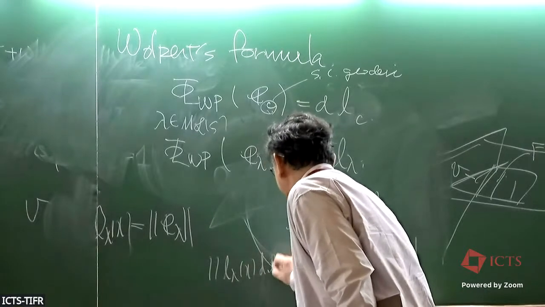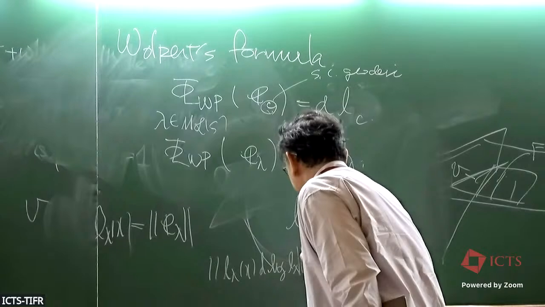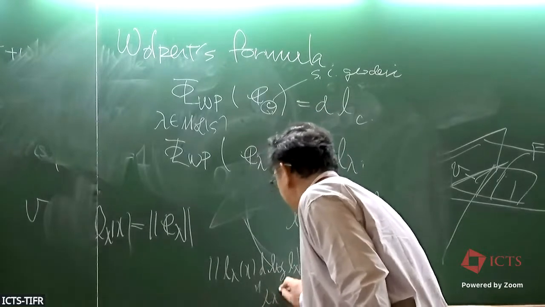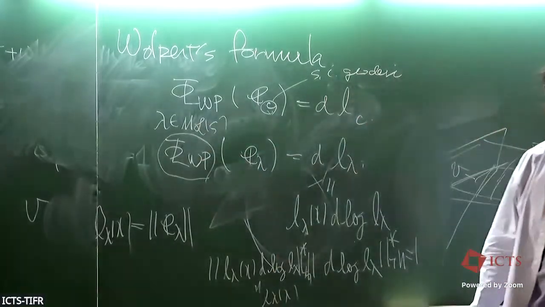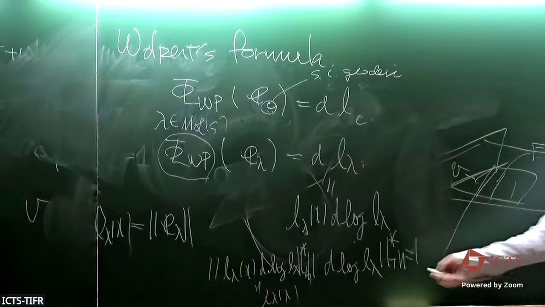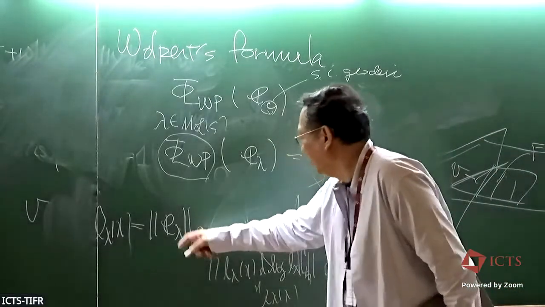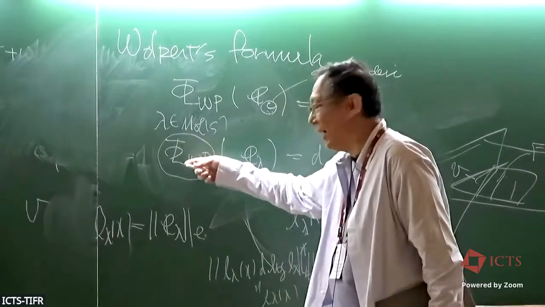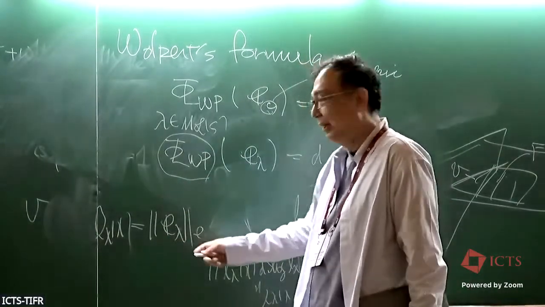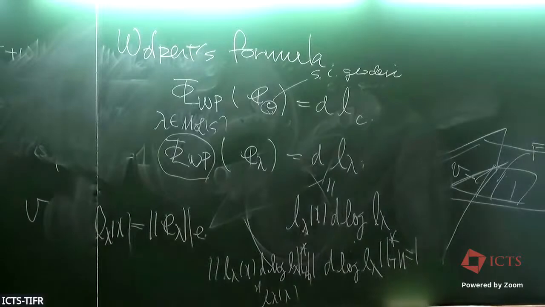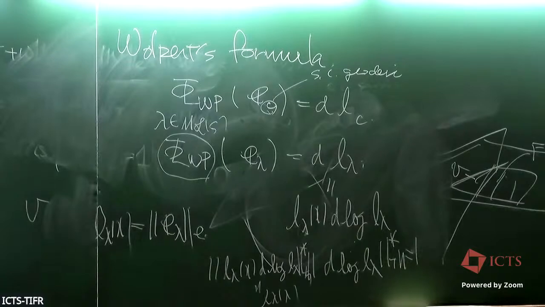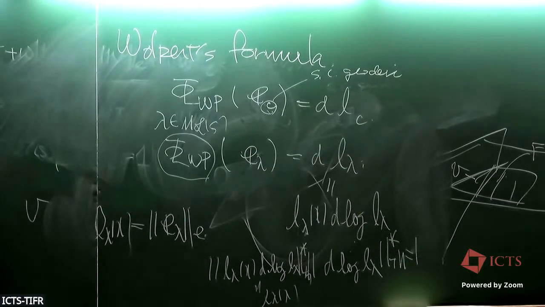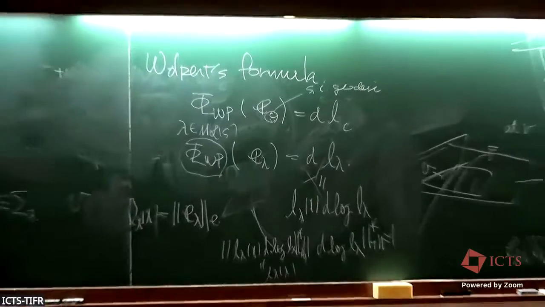So this map preserves the norm. This is an isometry from the earthquake norm to the Thurston conorm. So this map actually gives an isometry from here to there. That's the proof of this.